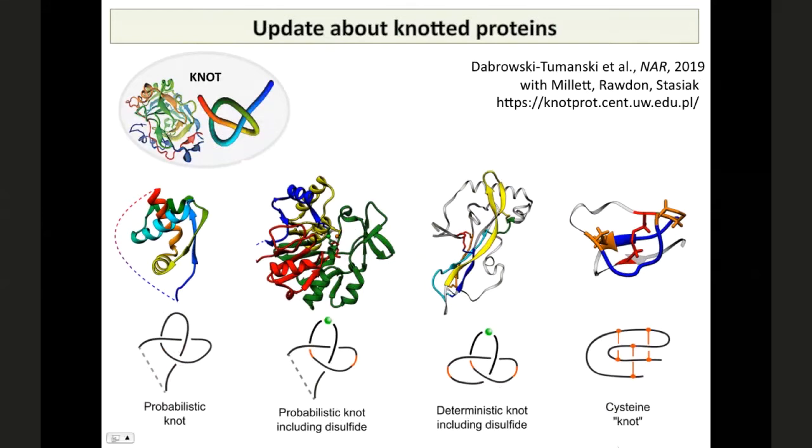And this should be contrasted to the cysteine knots that are well known. However, I would like to remind you that this is not really a knot. You can simplify the structure and it will be a trivial conformation. But the true deterministic knot exists in the protein as well.